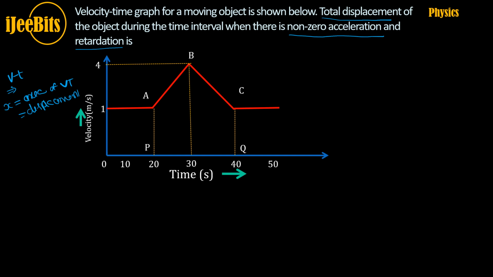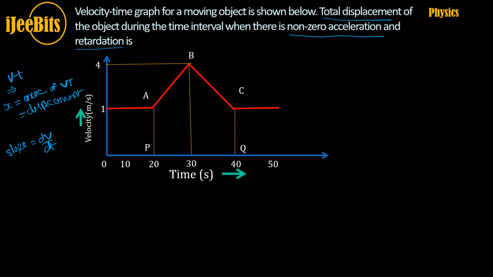Displacement. So think about one more thing. What are these lines actually? In this interval, velocity is constant. So the slope of the velocity time graph, you can calculate, right? Slope is nothing but dv by dt. You look at here, the velocity is constant.